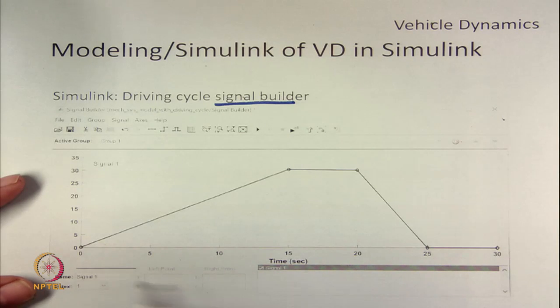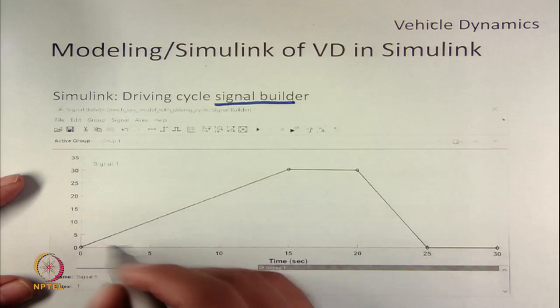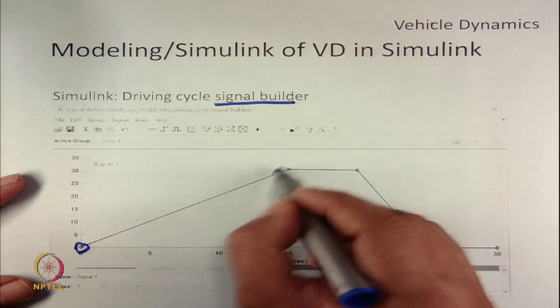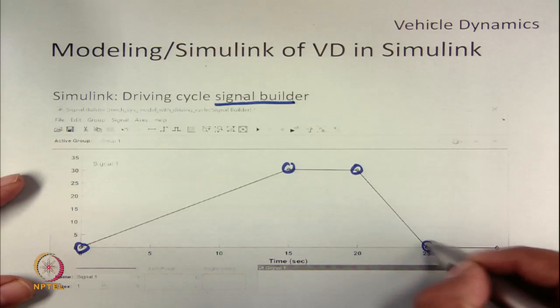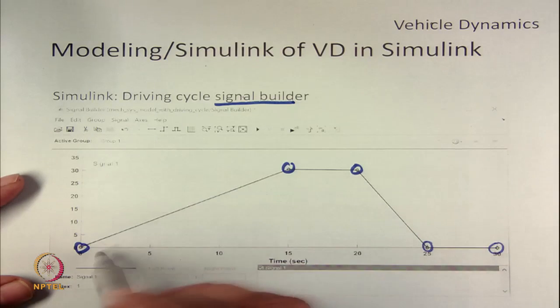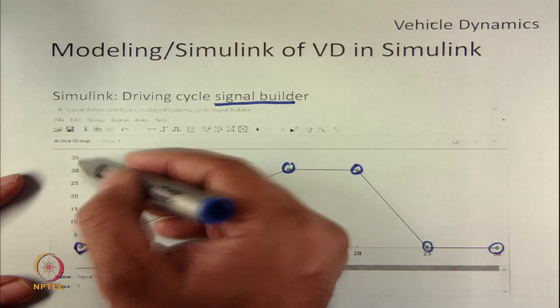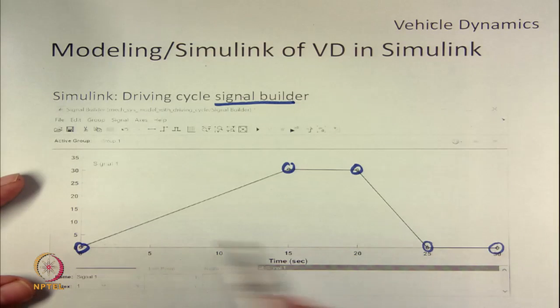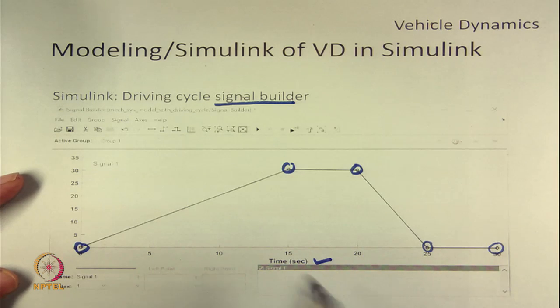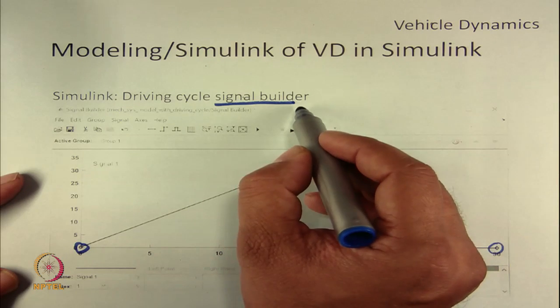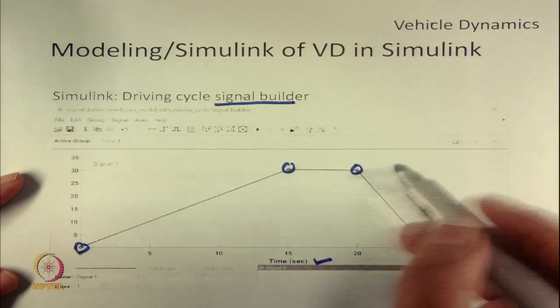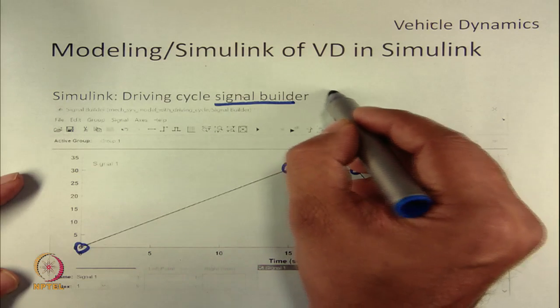These are different points that can be selected in an xy graph, where the x axis is time in seconds. The signal builder gives any signal with respect to time.